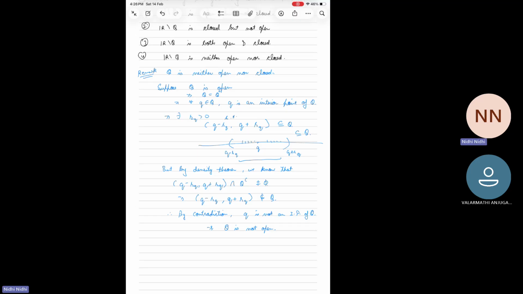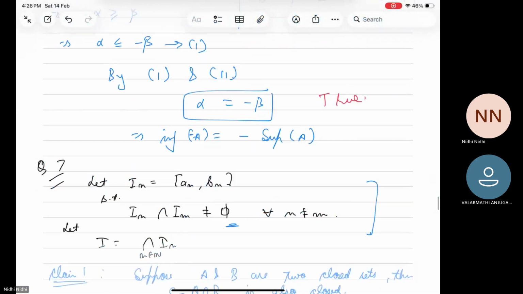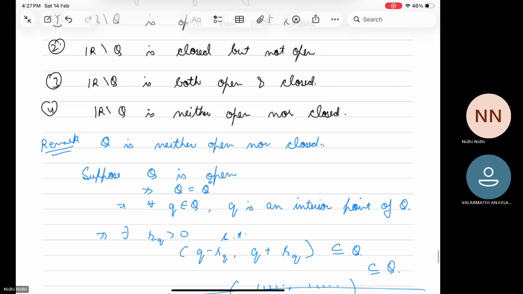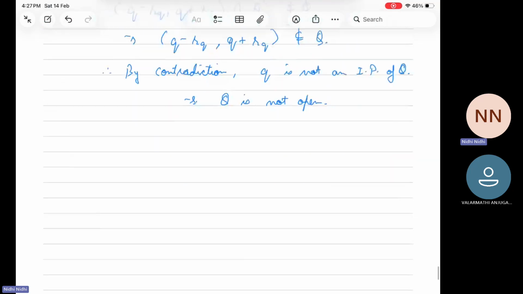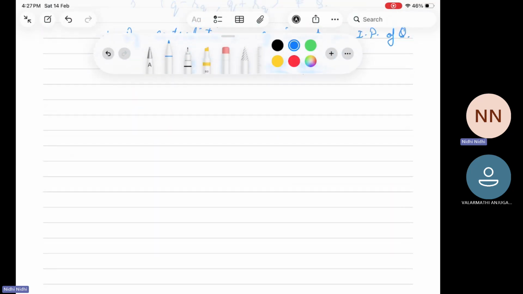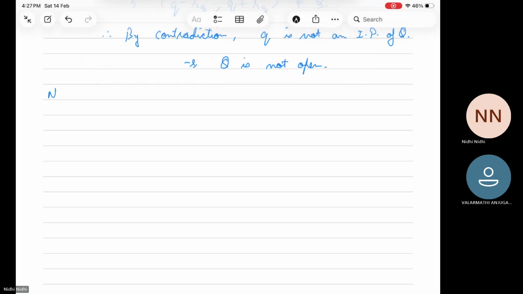Okay, next we'll see that this will not be closed as well. That can be done in a similar way. I think you can try yourself.